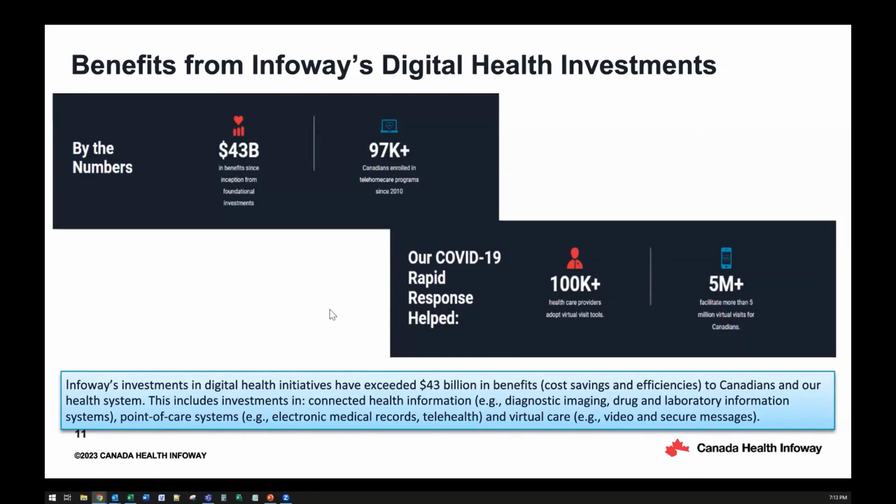To date, we've seen almost 100,000 Canadians accessing telehealth services. And more crucially, in our rapid response to COVID-19, we had also well over 100,000 providers who came on board adopting virtual care tooling and over 5 million virtual visits by Canadians.